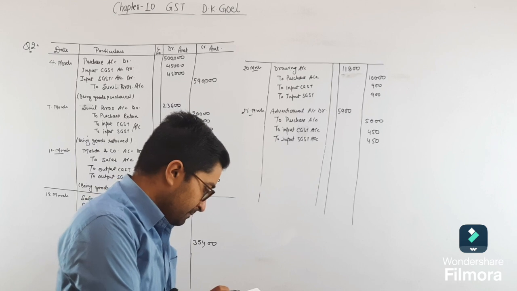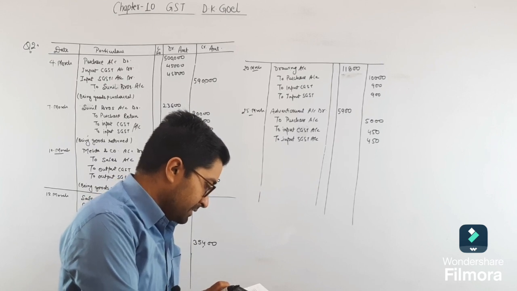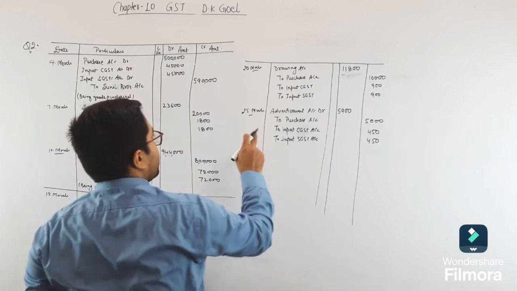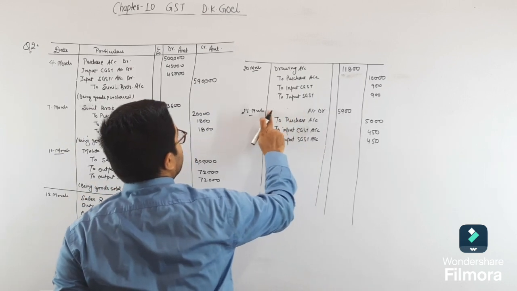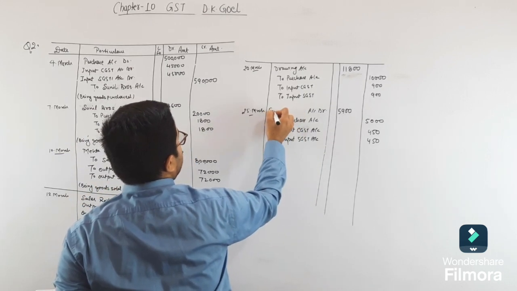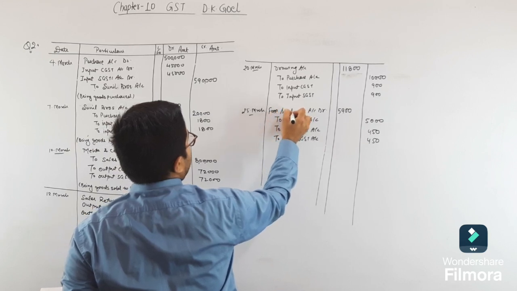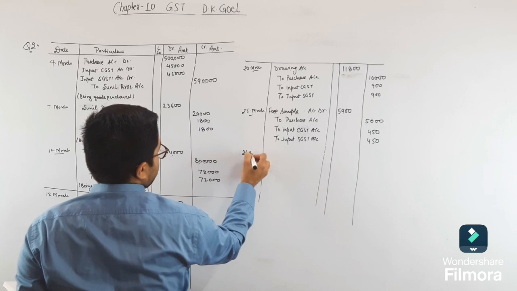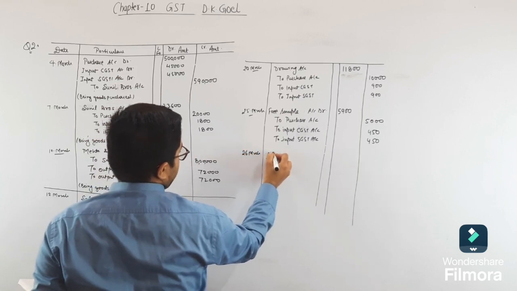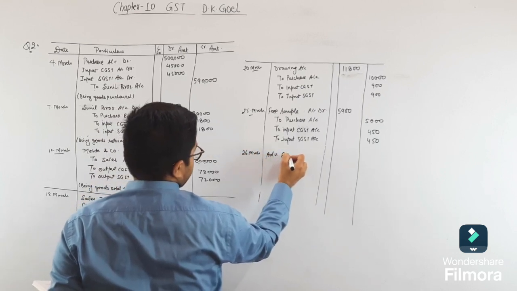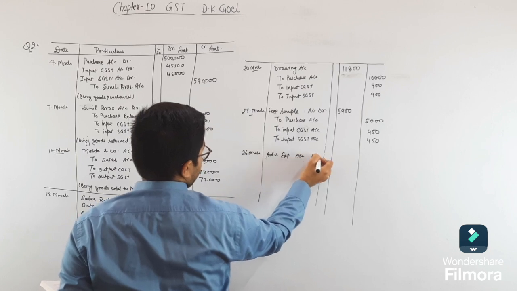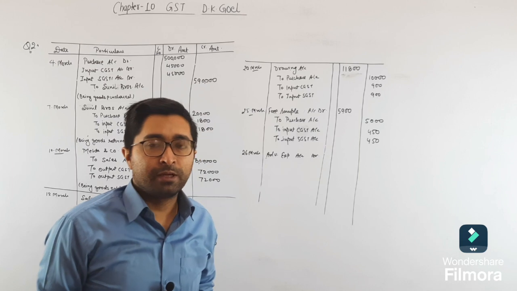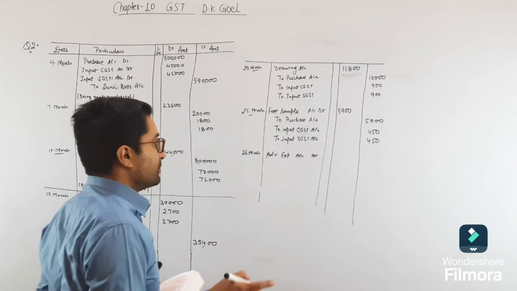Now the next is paid advertisement expenses by the cheque. सो एडवर्टीजमेंट यहां भी है, तो इसको फ्री सैंपल ही कर लो। ठीक है, राइट इट एज फ्री सैंपल। नाउ 26 मार्च, एडवर्टीजमेंट एक्सपेंस account debit. Now see, advertisement is the type of expense on which you have to pay the GST. Which GST?